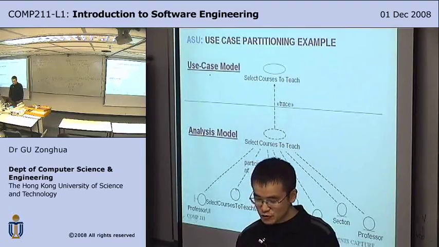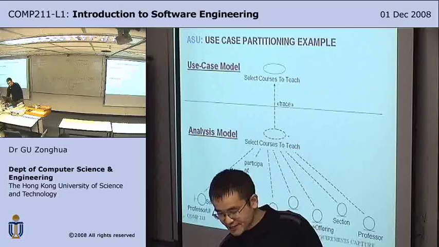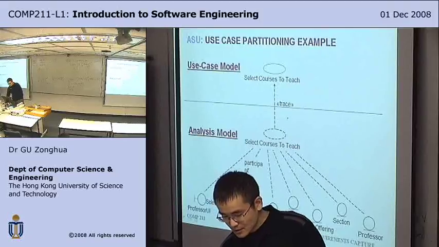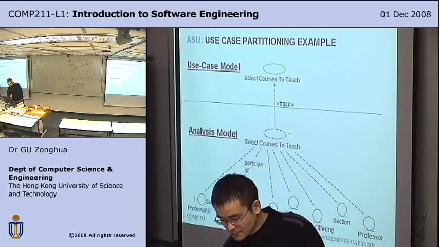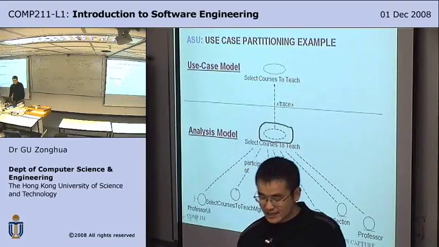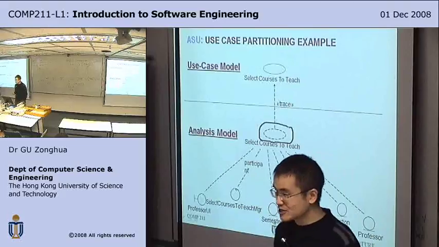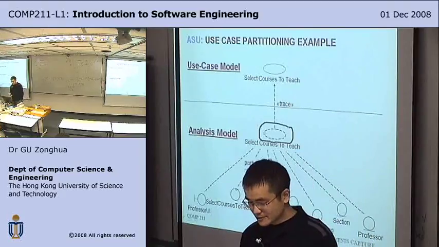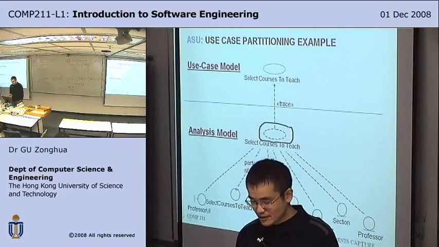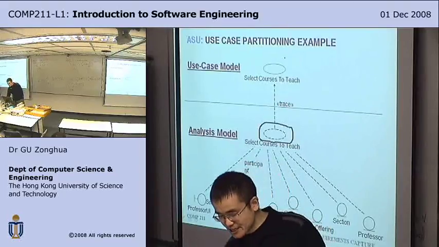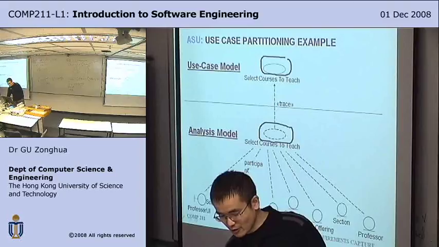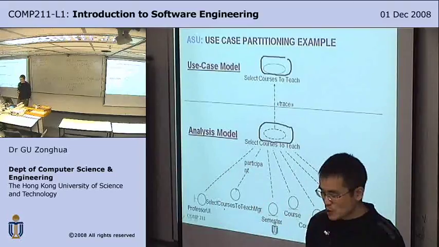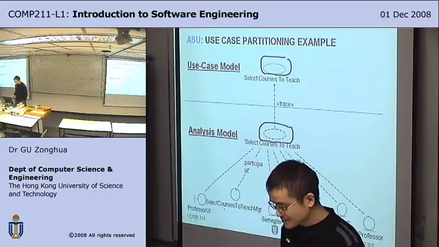So here's a use case. Here's the analysis model. This dotted oval means that it's a use case realization, analysis. It represents a realization of a use case in the analysis model, consisting of all the analysis classes that participate in the use case.